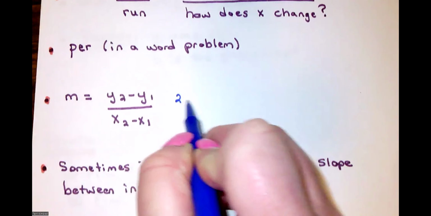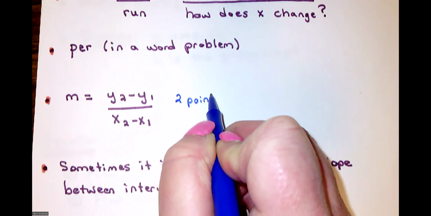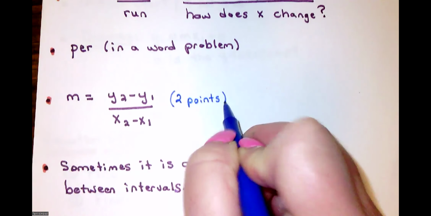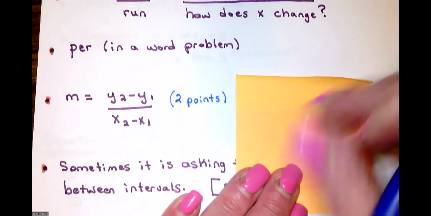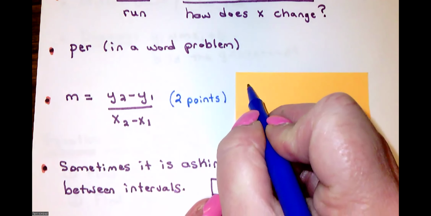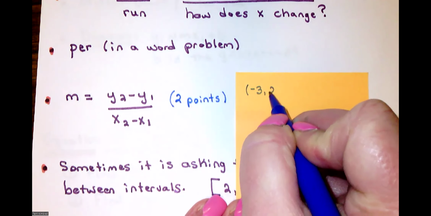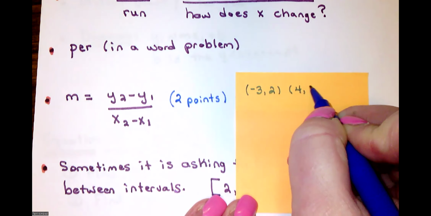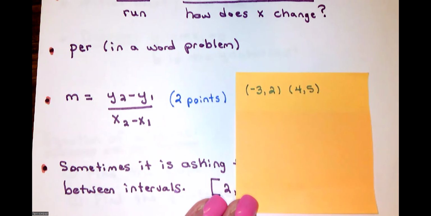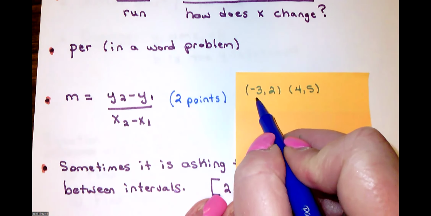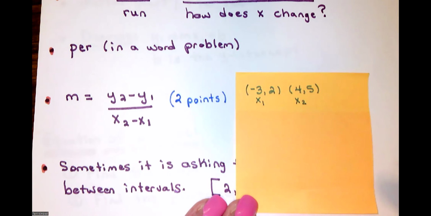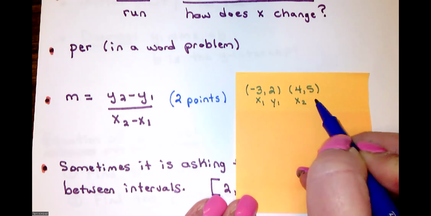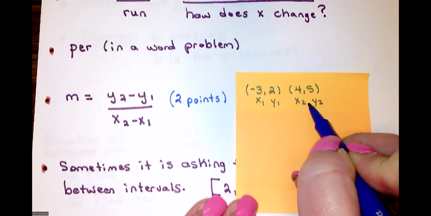If you are given 2 points and you are trying to find the slope, you want to make sure that you use the formula with your change in y over your change in x. So if we had the points (-3, 2) and (4, 5), and we're trying to find the slope, remember that this is your first x, this is your second x, this is your first y, this is your second y.